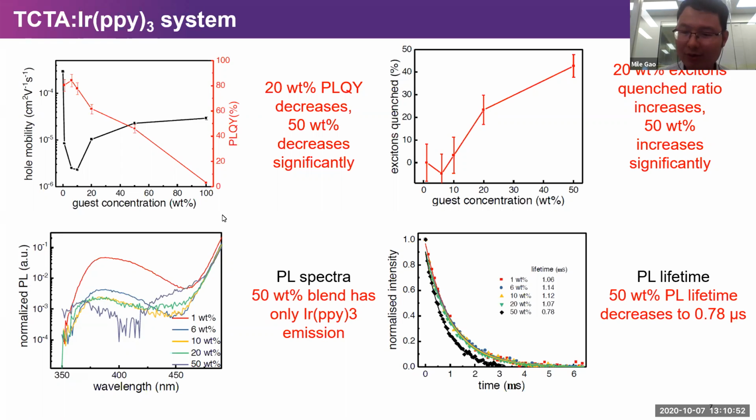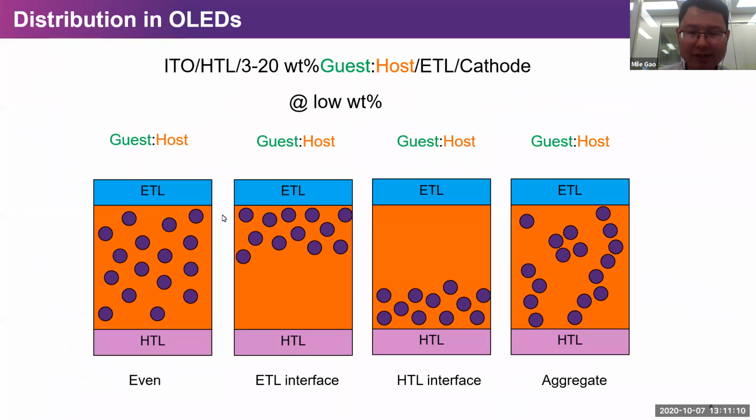From all these photophysical data, it seems that the variation of photophysical properties with concentration follows a different regime from charge transport, because charge transport decreases to a minimum and then increases. So one of the potential answers to why they follow different regimes is the morphology.